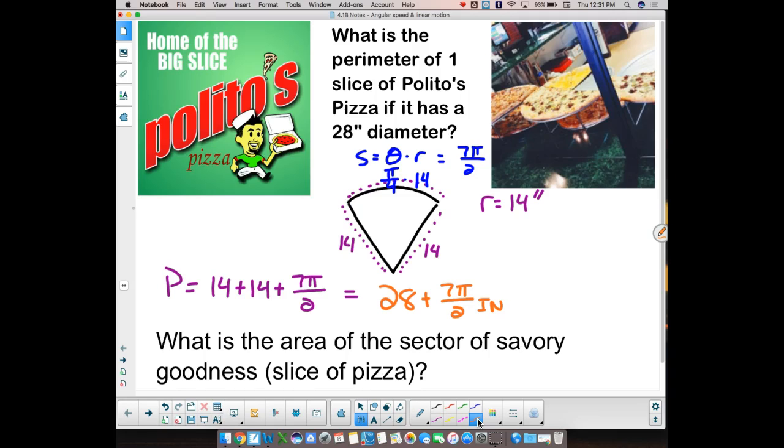And that's the exact one. Or, if I rounded, that would be approximately 38.996 inches.